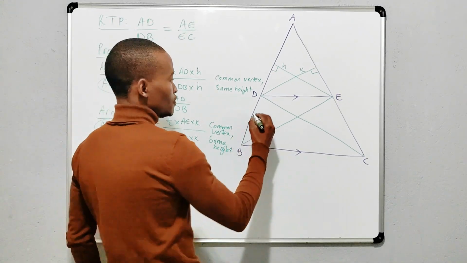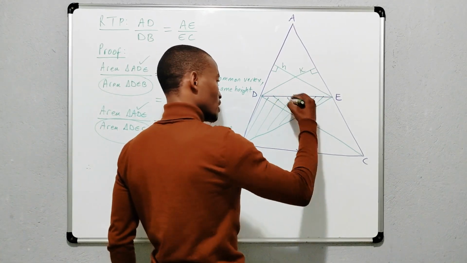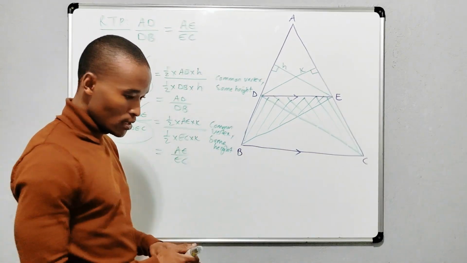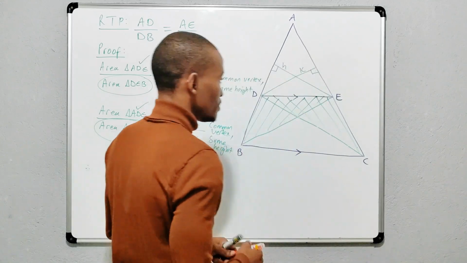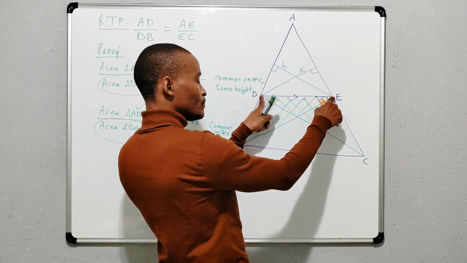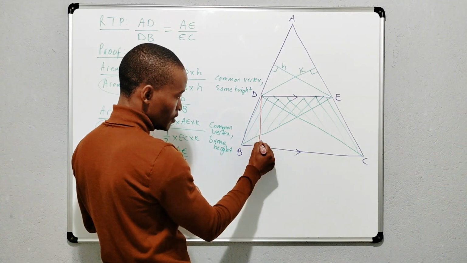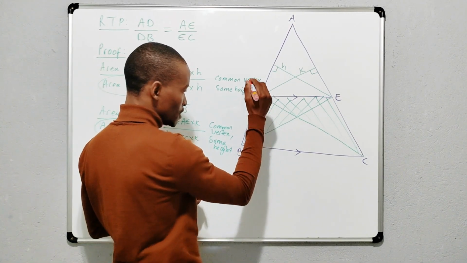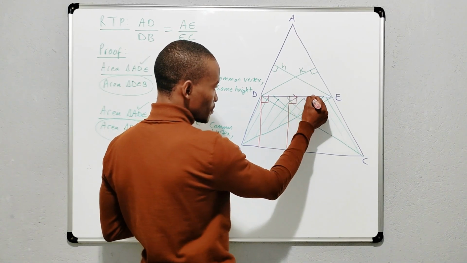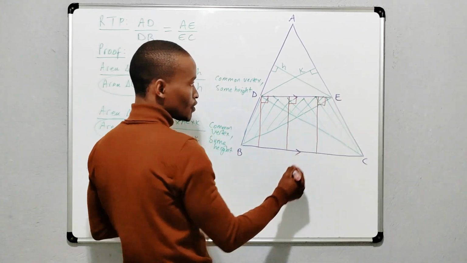Therefore, if you look at this triangle right here and that triangle right there, and you take DE as a common base, having a perpendicular dropped from DE, wherever you are, as long as it's a perpendicular line segment, will then constitute your height.